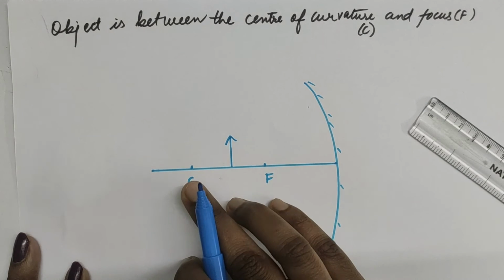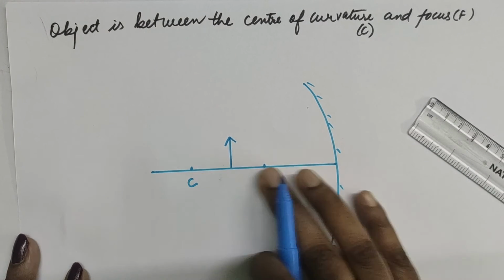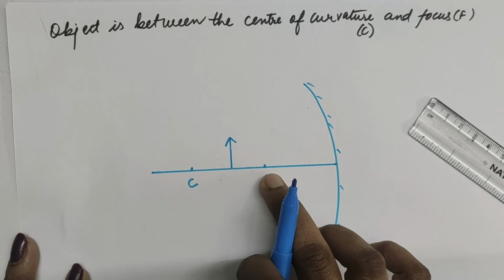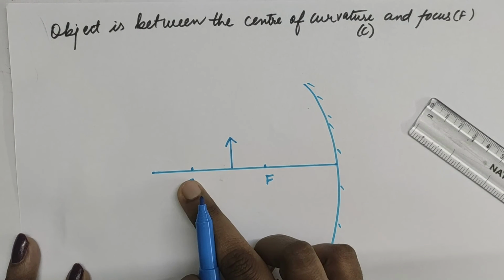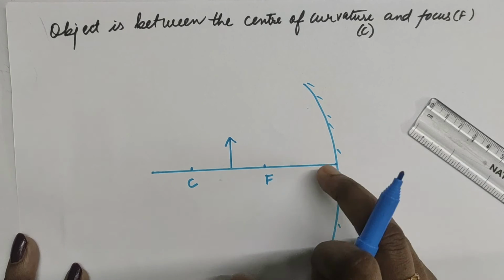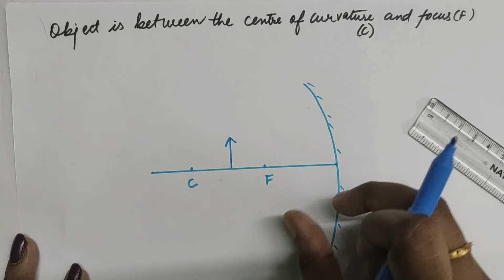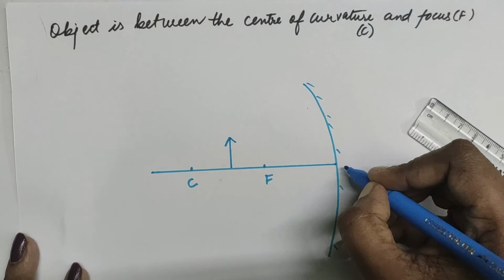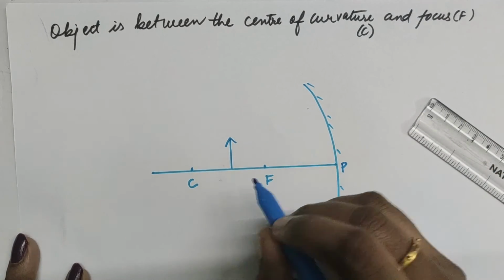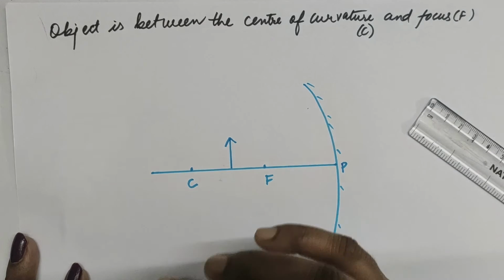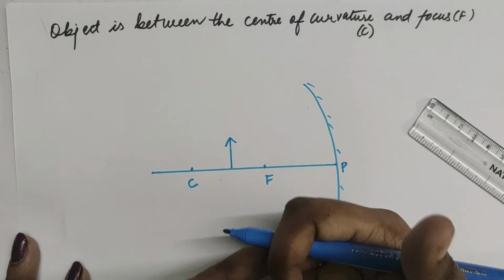Try to make this principal axis, and if you have taken 3 cm for the focus, take double of it for the center of curvature. The difference between these two should be the same. The part from P to F, because this is the pole, suppose here it is 3 cm, I have taken F to C also 3 cm. This is important to get the proper result.